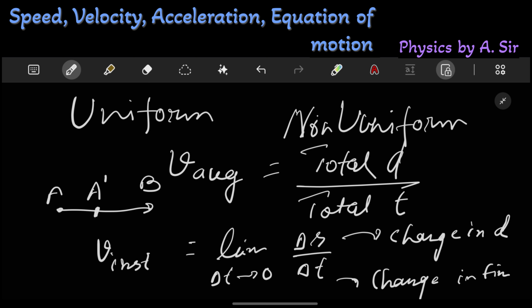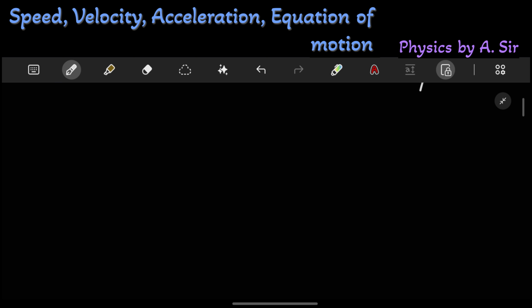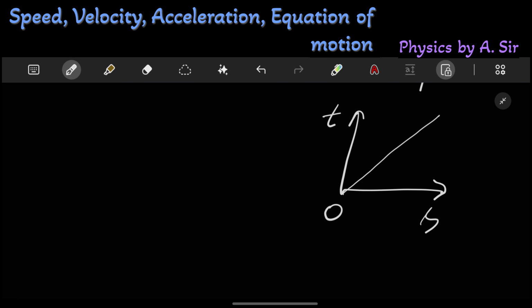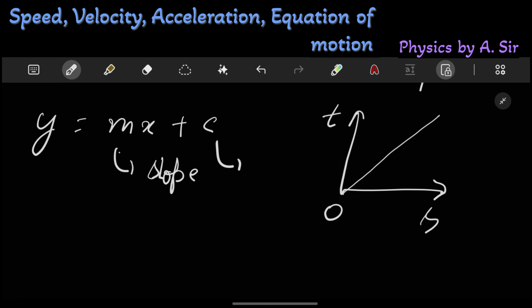Let's say we have to draw the graph of this quantity. On the x-axis we take the distance s, and on the y-axis t. Let this plot be a straight line, and you have to remember the straight line formula, y equals mx plus c. m is the slope and c is a constant, and this constant decides whether the line passes through the origin or some other point.